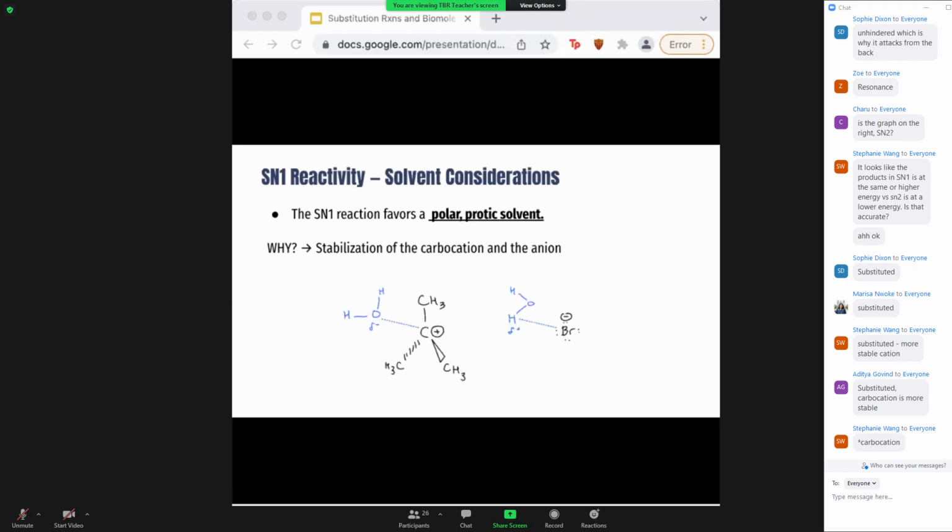So anything that can stabilize the carbocation will speed up this reaction and make it more favorable. And this is why you want a polar protic solvent.